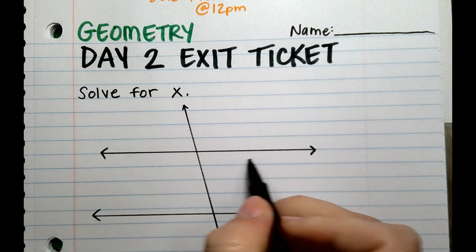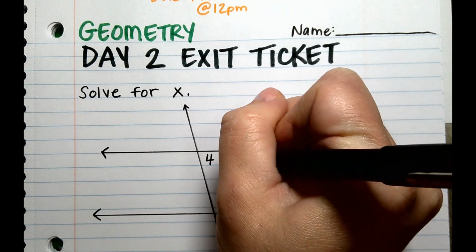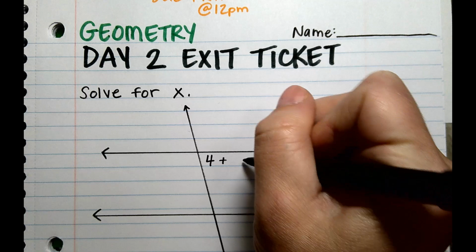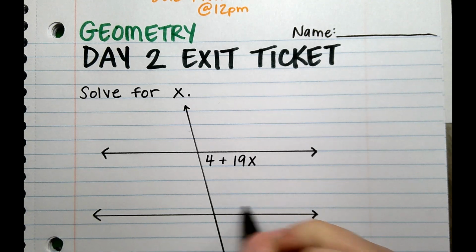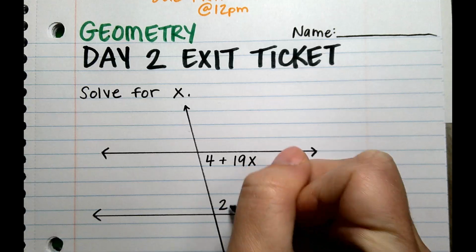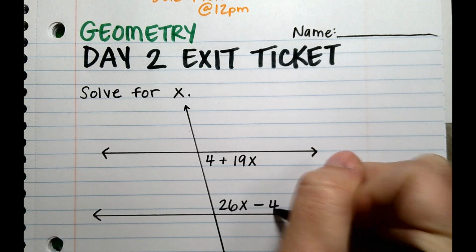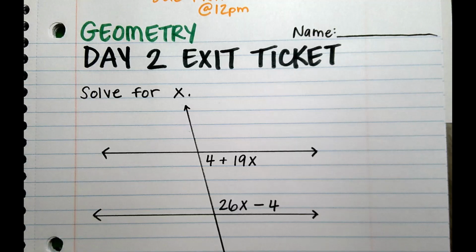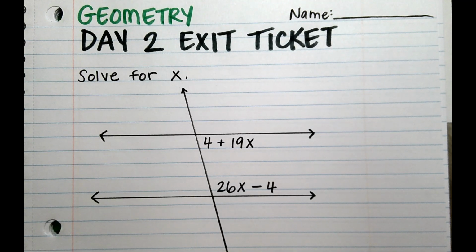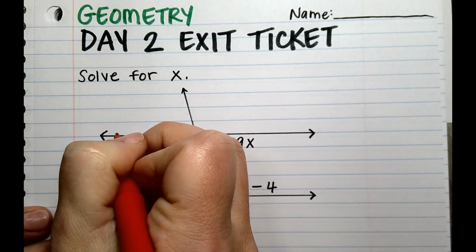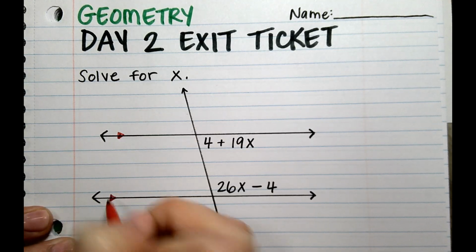Okay, and the first value here is 4 plus 19x. And the second value is 26x minus 4. So I've got that problem written out for you. Only thing I need to do still is mark that these are parallel because that makes a difference.